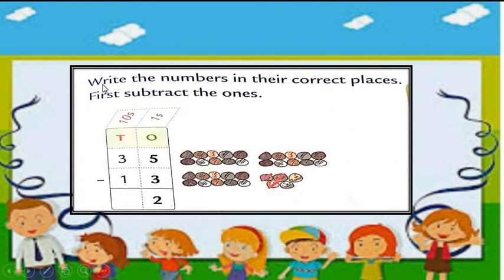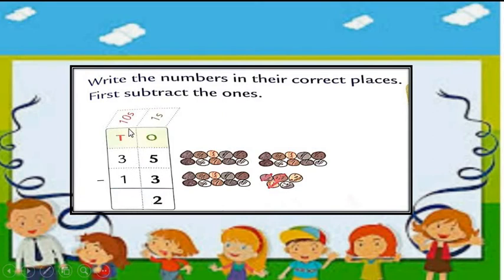What does it say? Write the numbers in their correct places. How? We have already learned that we have to write the numbers in their correct and proper places. As we have 35, first of all prepare the columns of tens and ones. Look, these are squares, same like your square line book.